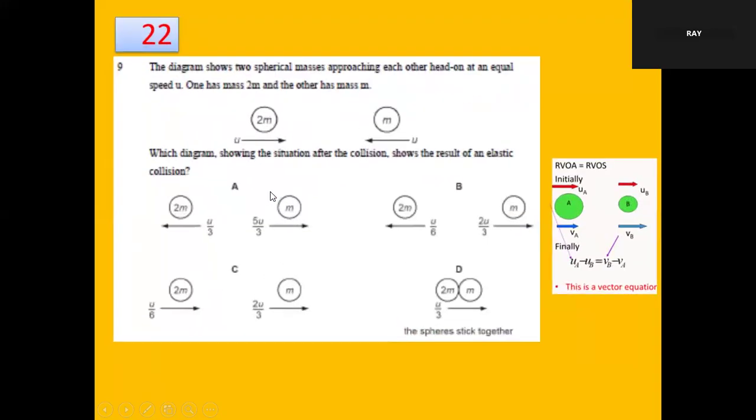Try this one. Diagram shows two spherical masses approaching each other head-on at an equal speed u.